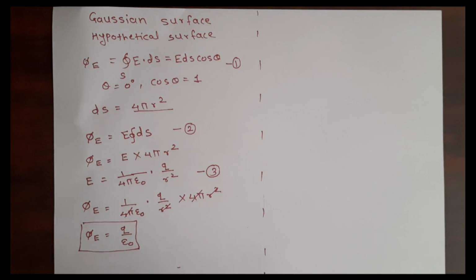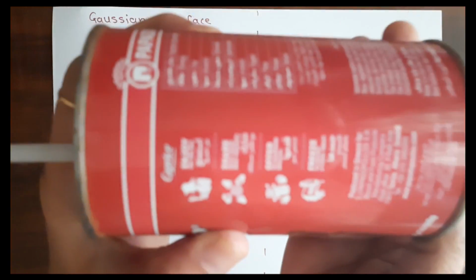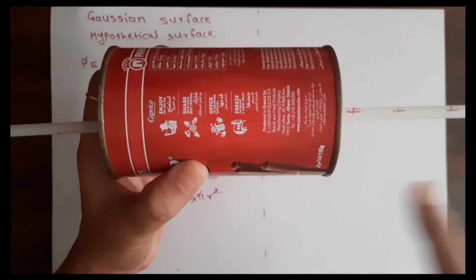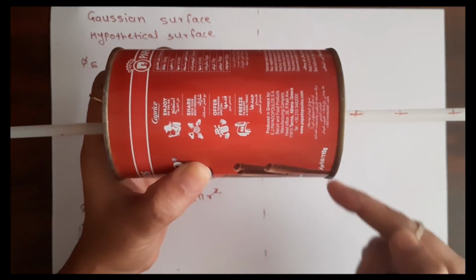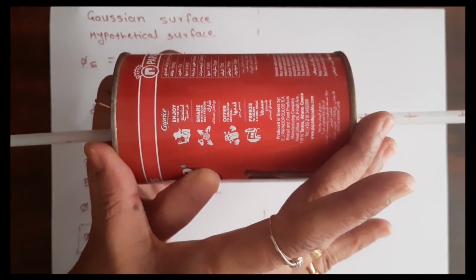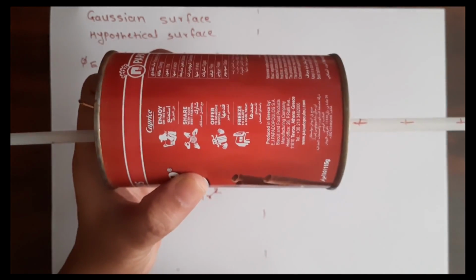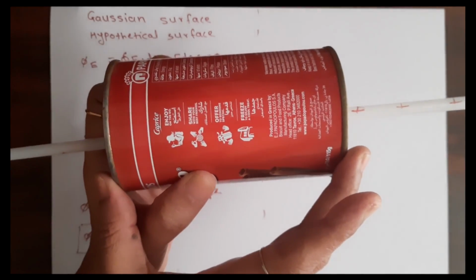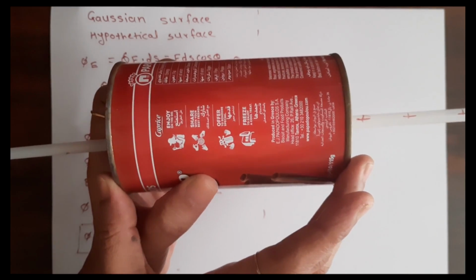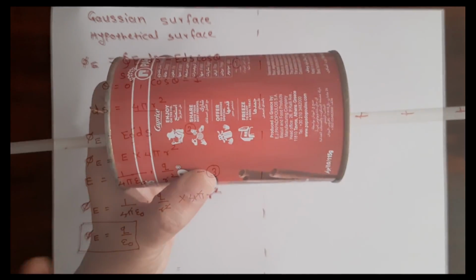We can take the cylindrical surface like this. So this is a wire and we have to imagine the surface which is in the cylindrical form. Now with this surface we can calculate the electric field along this wire.